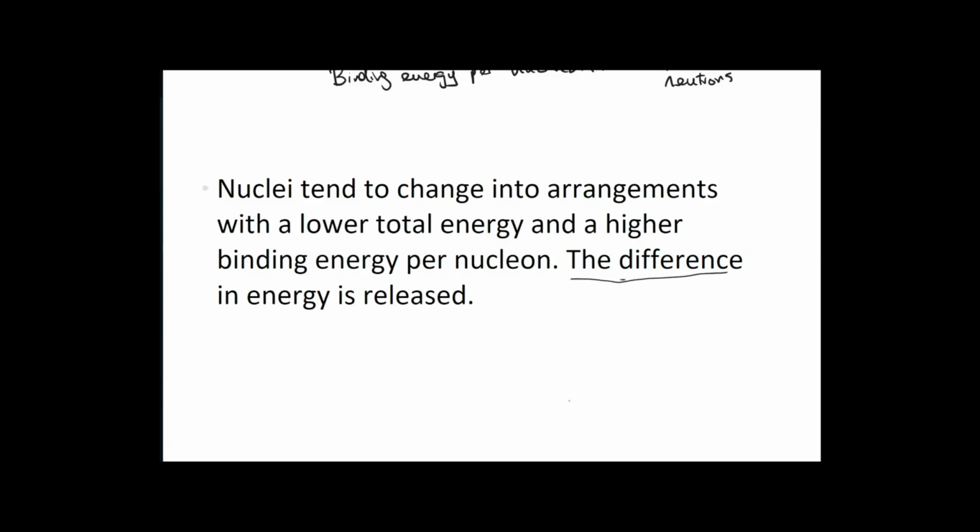And the difference in energy is the energy released. So if there is a change in the energy, it's probably going to be an increase in binding energy, but offset by a bigger decrease in the total internal energy inside the nucleus. That's not really well worded, but you get the picture.